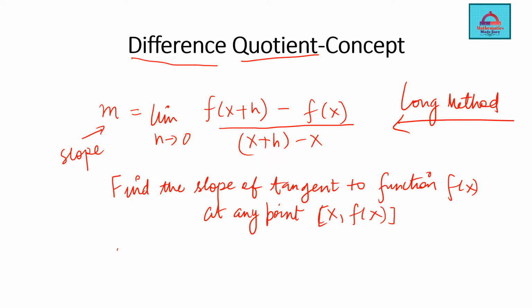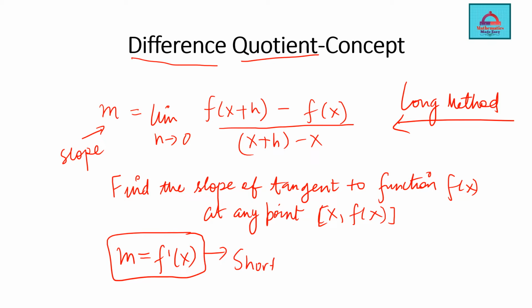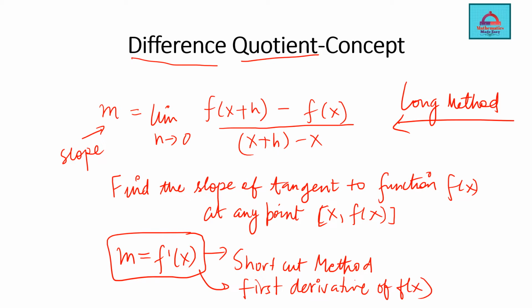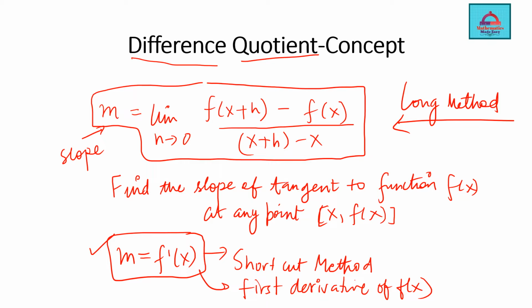The short method would be just to take its derivative. So if you are not told which method to use, you may use the shortcut method and just find the first derivative, f prime of x, and that will also give you the value of the slope. And if the question says to find the difference quotient by using the concept of slope, then you have to do it by the long method. So let's do questions from both the methods one by one.